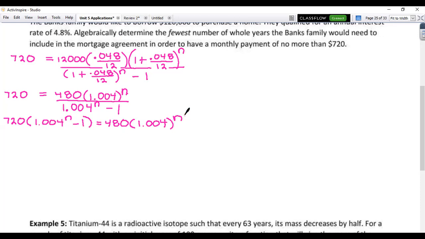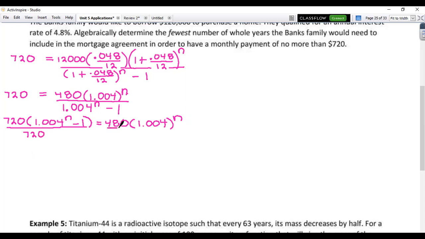Everyone feeling good still? Which side's more complicated, the left or the right? The left. Yep. So for that reasoning, I am going to divide the 720 to the other side to get rid of it because I want to make that side easier. Again, it's not the only way to do it, but that is my advice. Let's get rid of that. Now, use your calculator.